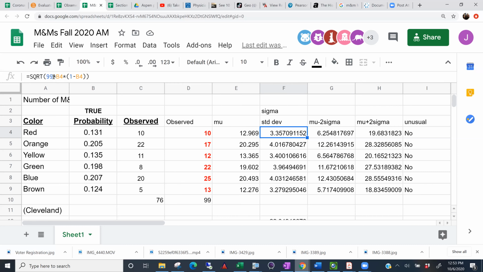All right, so for the standard deviation, it's the square root of n times p times q, which is what I have here. There's my n: 99 M&Ms in my sample. The probability of success from M&M Mars is given at 0.131. The probability of failure is 1 minus the probability of success, so that's where I have the 1 minus B4.